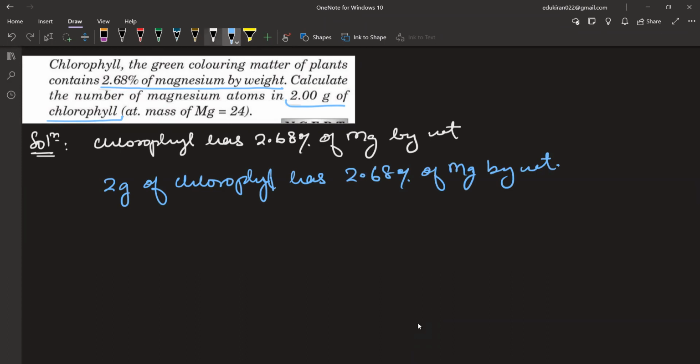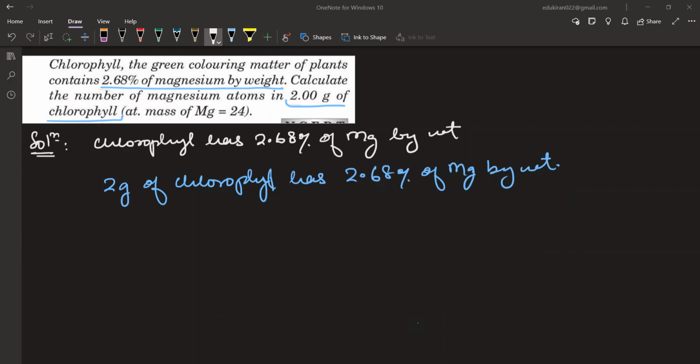Correct? Percentage means what? If you have 10 grams also, it will be 2.68%. If you have 100 grams also, it will be 2.68% only. Got it? Aisha, Iram, and Fahad, all of you are comfortable with the 2 statements that I have written? Yes, sir.